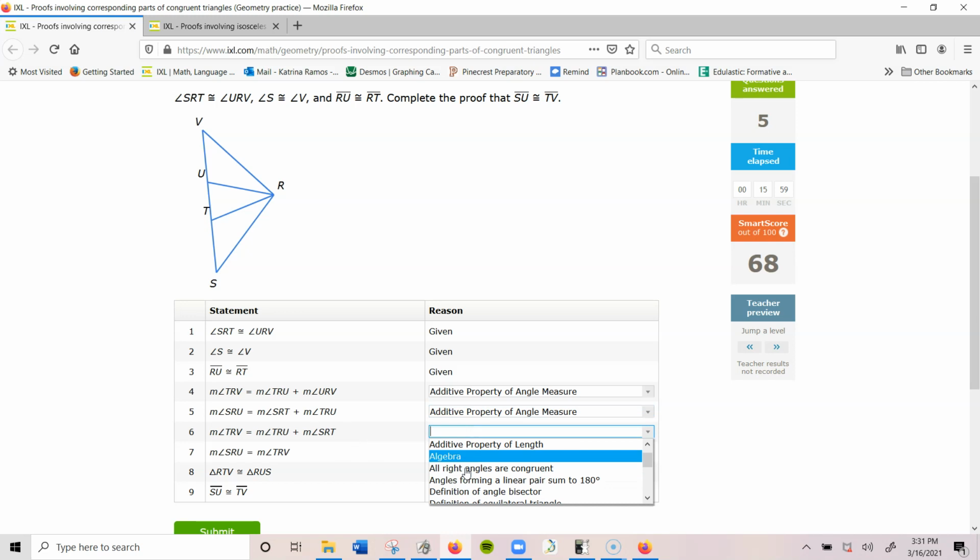Now we're going back to the measure of angle TRV, which we saw here is TRU plus URV. But we are told that URV is equal to SRT. So that's what they substituted here, URV with SRT. So this is substitution.